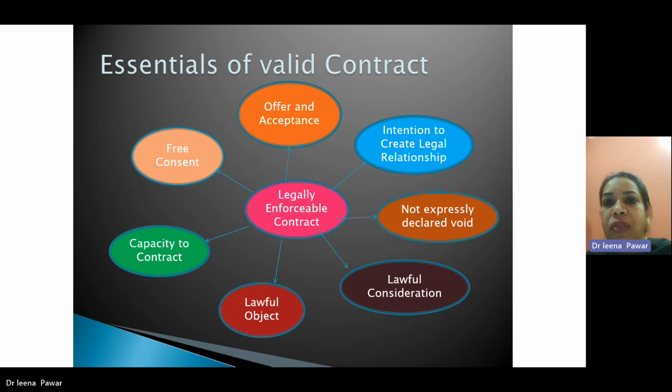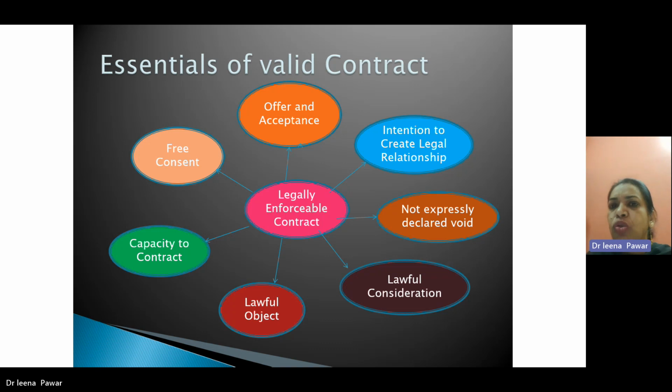The person who gives the offer is known as the offeror, the person who signifies to another his willingness to do or abstain from doing anything with a view to obtain the assent of that other person to whom he gives the offer. Such an act or abstention is said to make an offer.